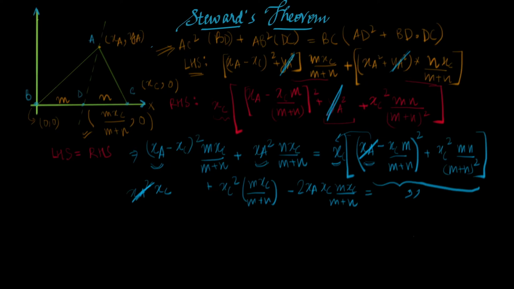Let me change my pen again. Ooh, yeah, this works. So xa gets cancelled out here, and that also cancels this out and this out, right? So we don't really need this term now. We're left with this and this, and we need to equate that to whatever remains here.